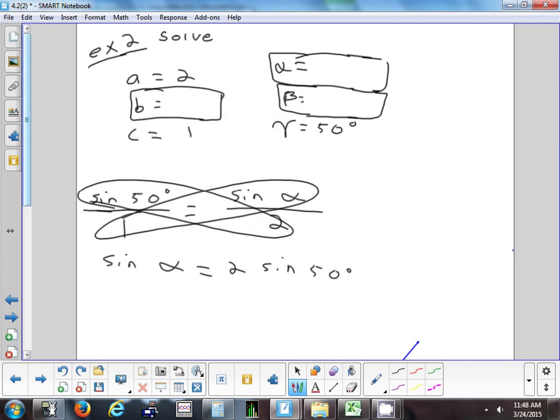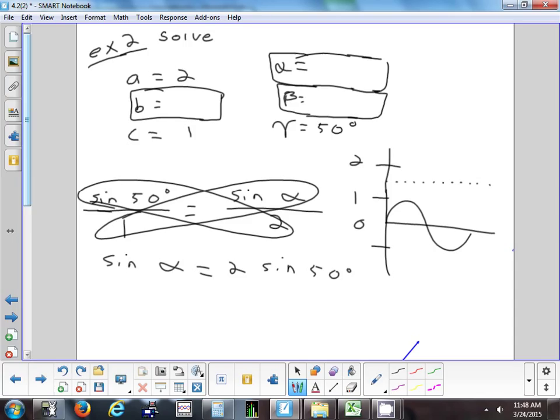Basically, what I'm asking you is, if you were to draw the sine function between 1 and -1, where does it hit this number? 1.53. It doesn't. 1.53 would be somewhere up there. So I'm basically asking where that curve is going to hit that line.